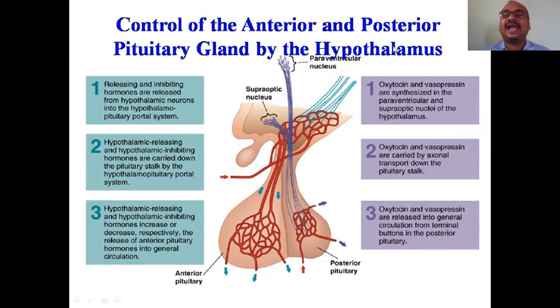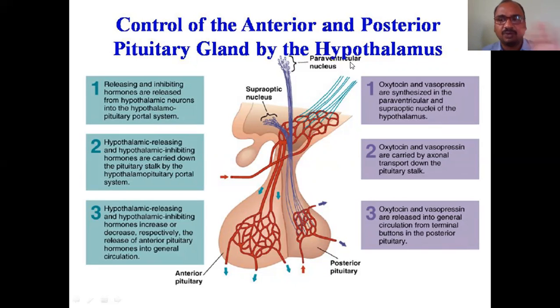And the anterior pituitary and posterior pituitary glands are controlled by the hypothalamus. I have told you, the master gland itself is controlled by the hypothalamus. And keep in your mind this point: the posterior lobe is well supplied with neurons. Here you can see the paraventricular nucleus, which is parallel to the ventricles.